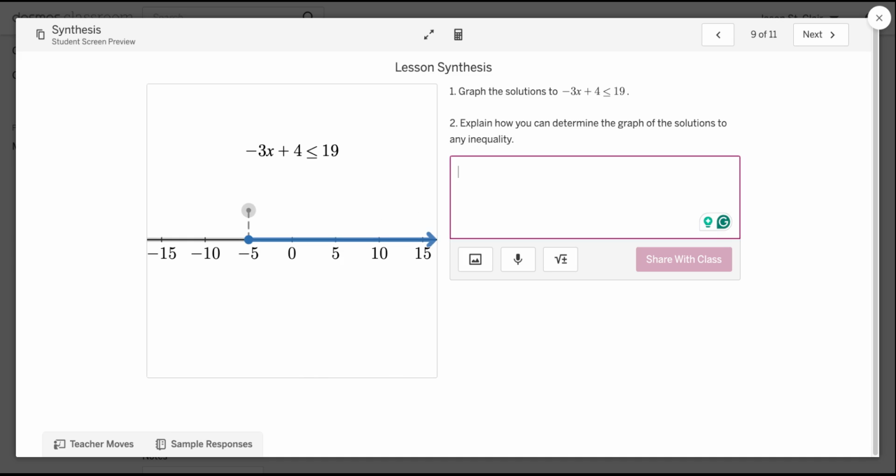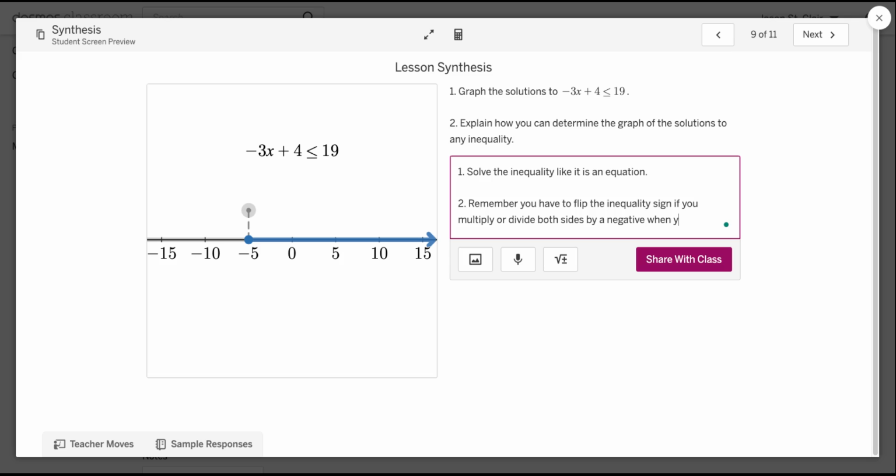So what are our two things? Or how do we always determine the graph solutions for any inequality? 1, solve the inequality like it is an equation. 2, remember you have to flip the inequality sign if you multiply or divide both sides by a negative when you solve.